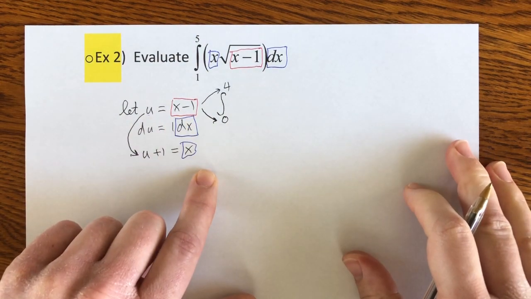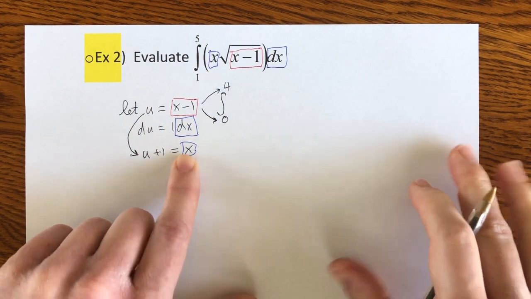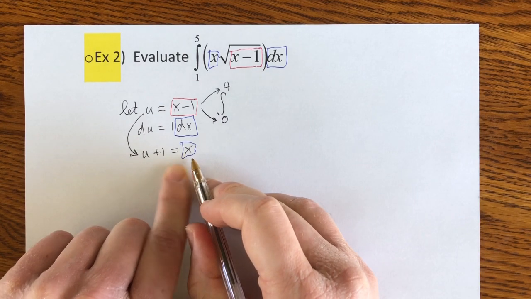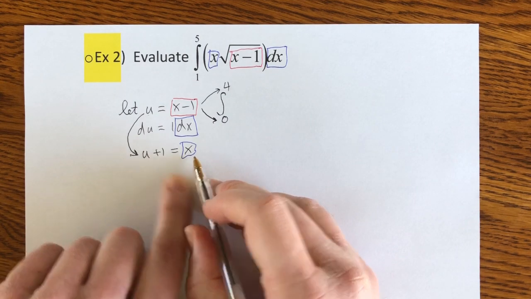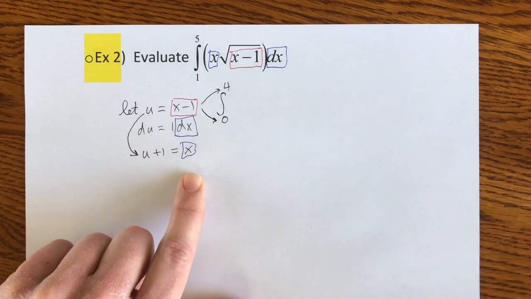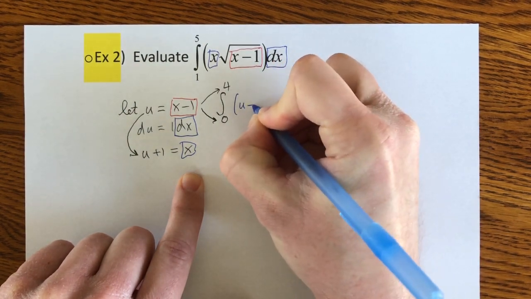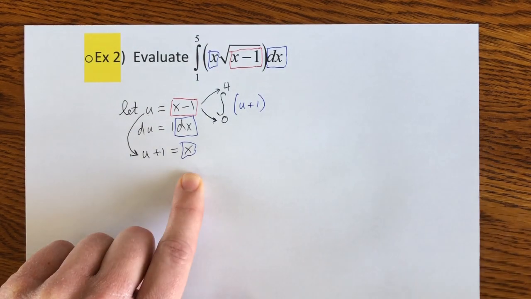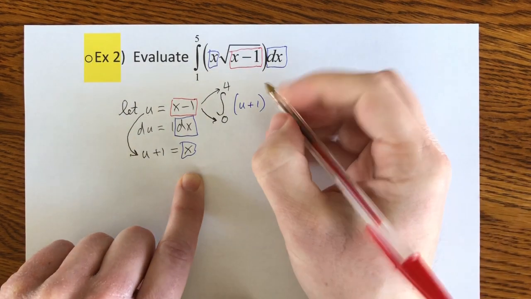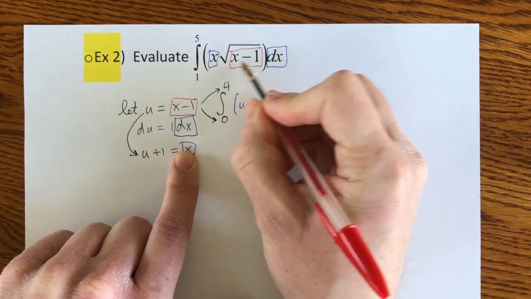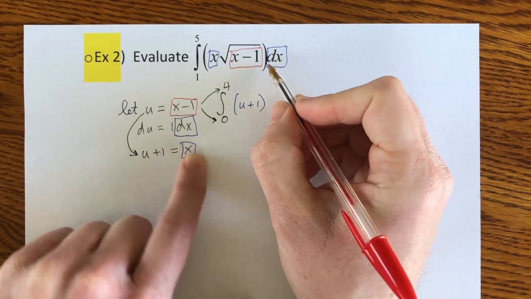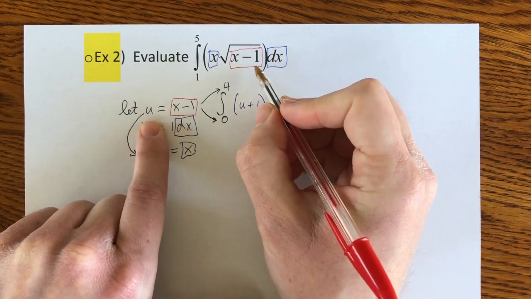Okay, let's rewrite this thing. Let's piece it together. Remember what x is equal to. x is the same as u plus 1. So this whole thing, x, is going to become the quantity u plus 1. The next part, x minus 1, is just u.